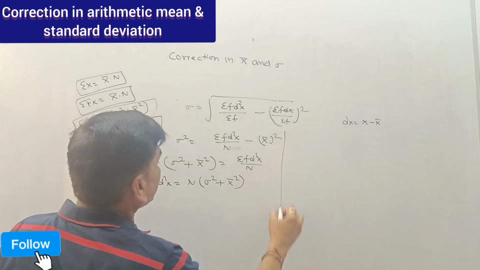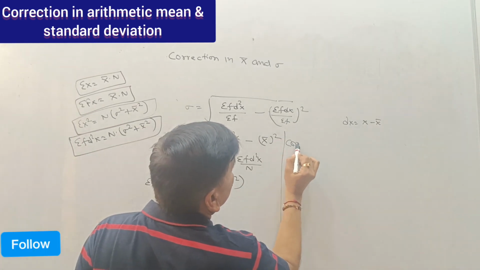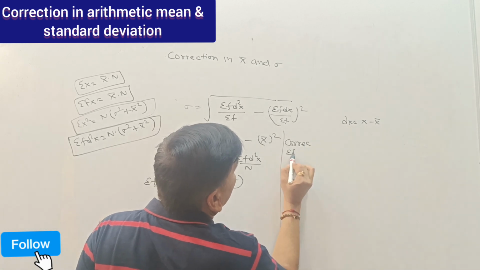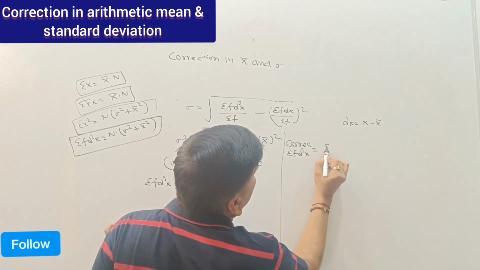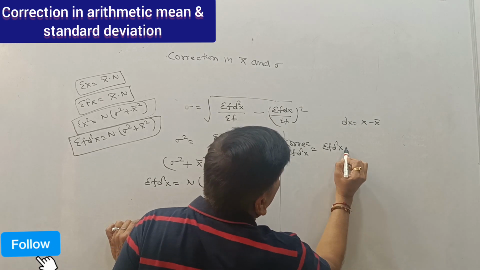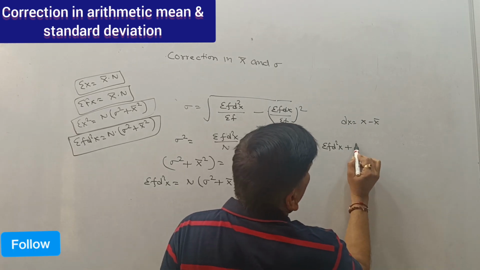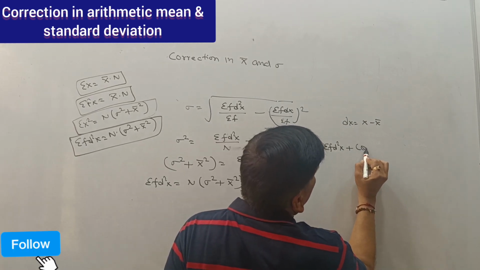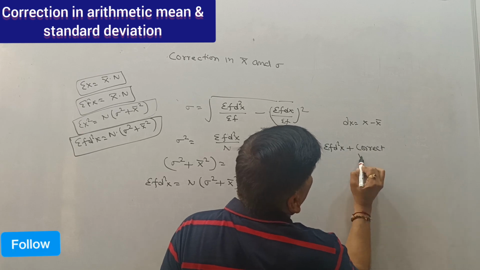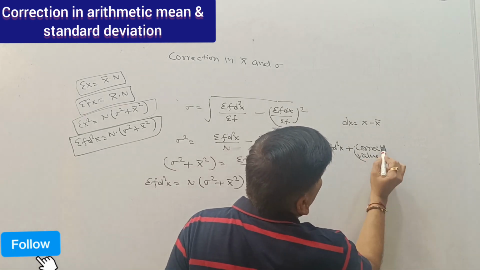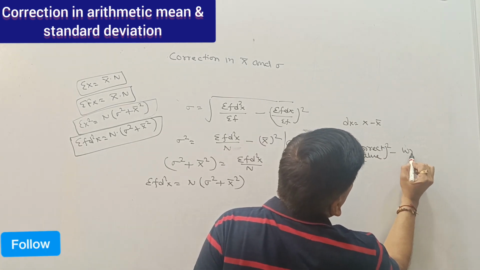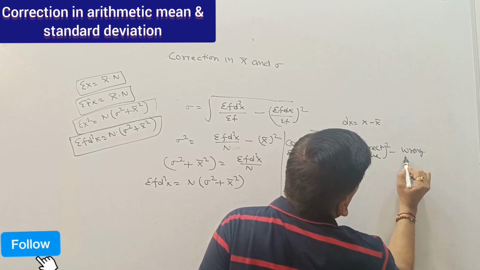For getting correction in this, correct sigma f d square x is equal to sigma f d square x plus square of correct value minus square of wrong value.